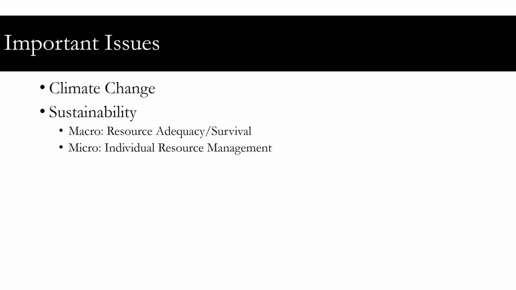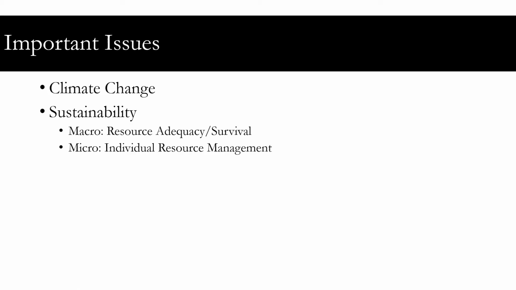some important issues that we'll talk about in the class. You can't talk about natural resources and environmental economics without talking about climate change and sustainability. Economists think about sustainability a little bit differently than other scientists, and one reason is because they make a pretty big distinction between macro sustainability, the idea of whether there are enough resources to survive, and sustainability at the micro level in terms of individual resource management.